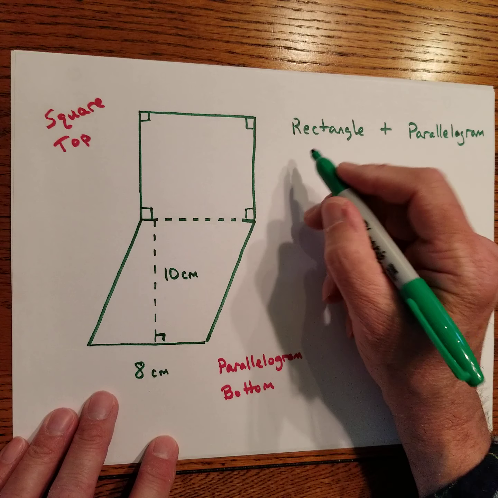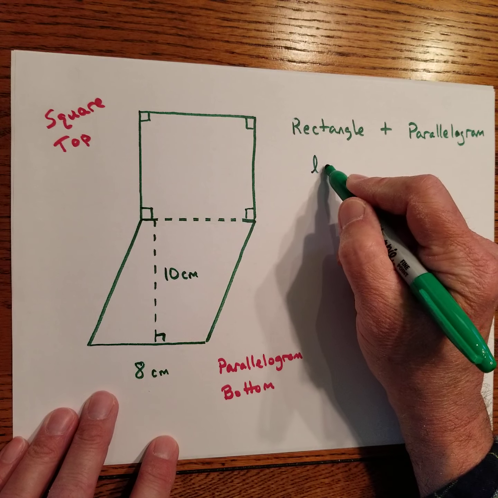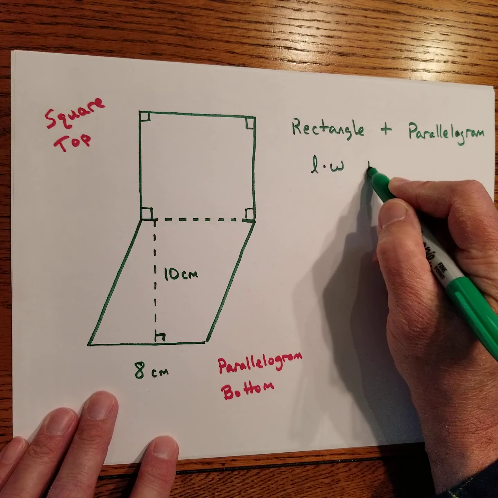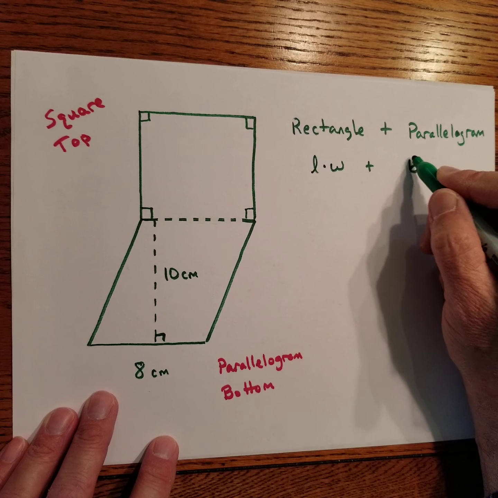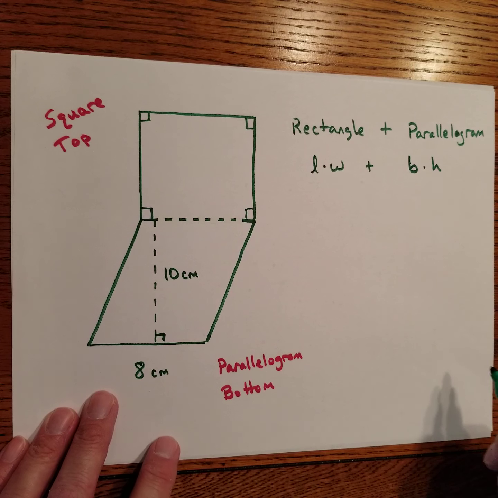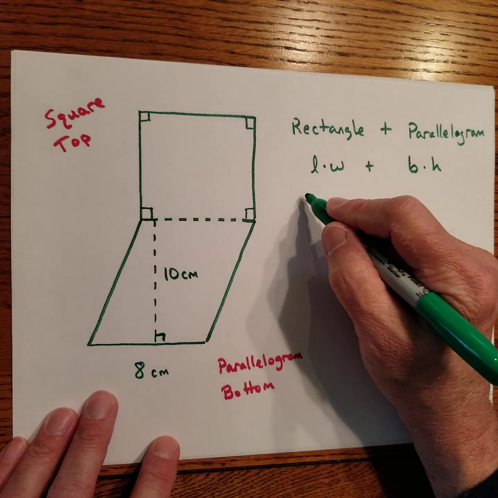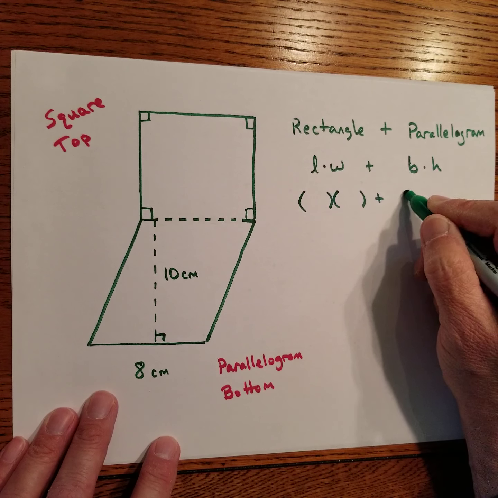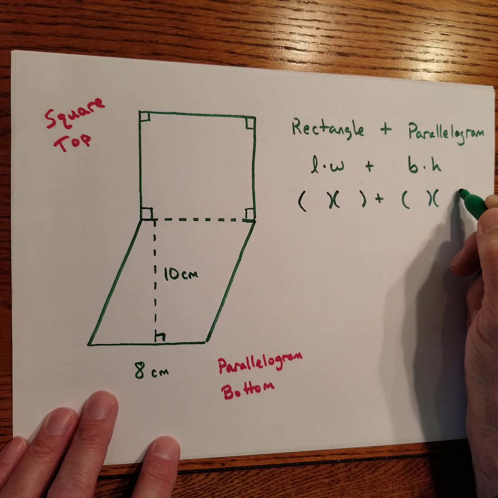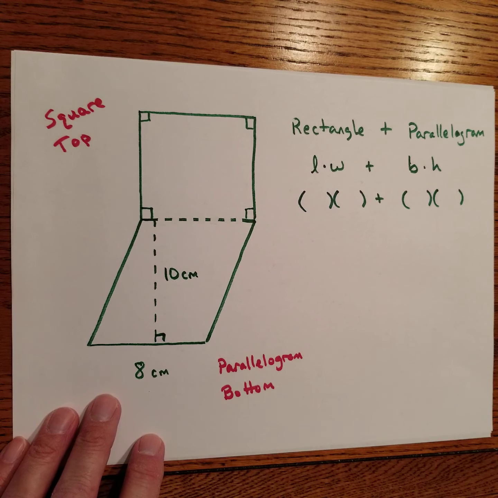How do you find the area of a rectangle? Rectangle is length times width. Parallelogram, base times height. Length times width, base times height.